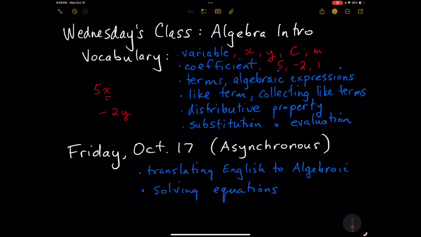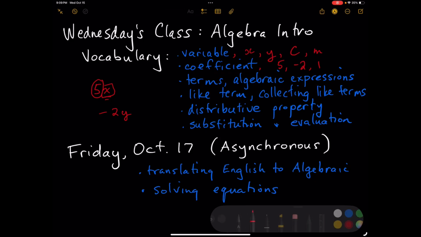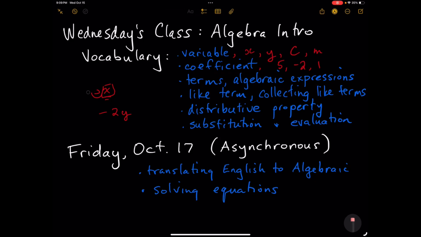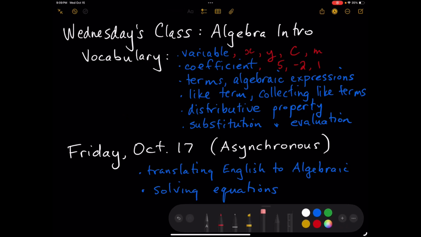So the 5 is the coefficient, and the x is the variable in this case. Okay, so this is just going back to what we did Wednesday, and bringing it all together.